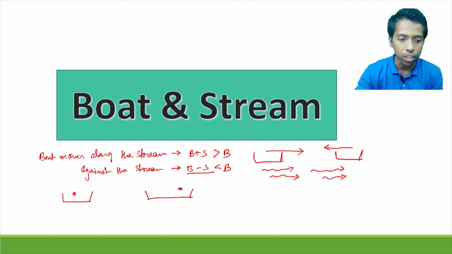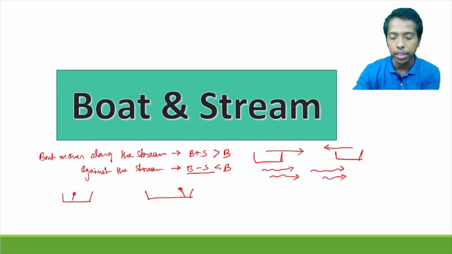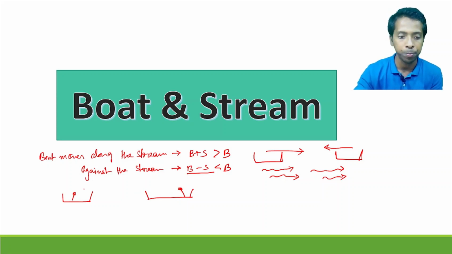The position of the person gets changed by a certain difference from the first place. Now the boat is not moving at all, but the person within the boat moves slightly towards the other end. Now the person is moving with some speed, but the boat is still not moving.